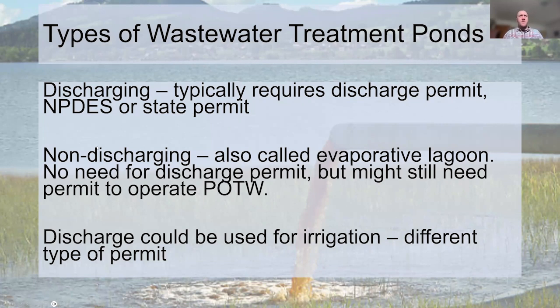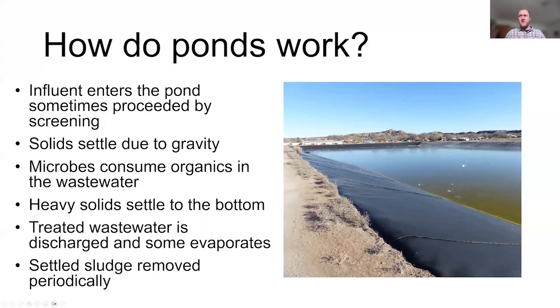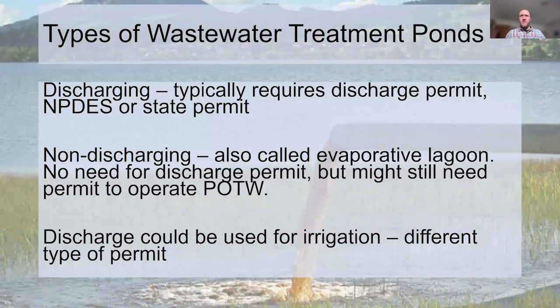And then the other type is a non-discharging lagoon. These are called evaporative lagoons, and that's what this one is. This is in Quemada, New Mexico. They don't have a discharge permit at all. So everything that goes into here either settles out or the water evaporates.